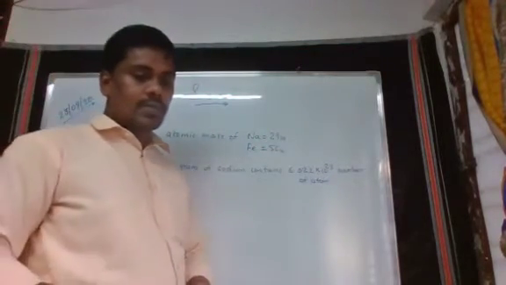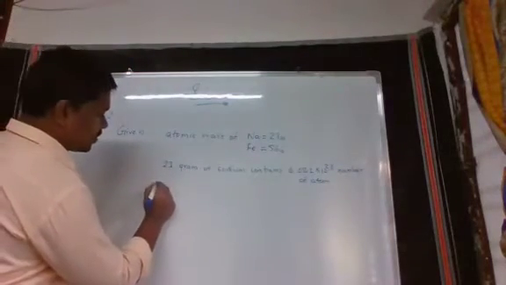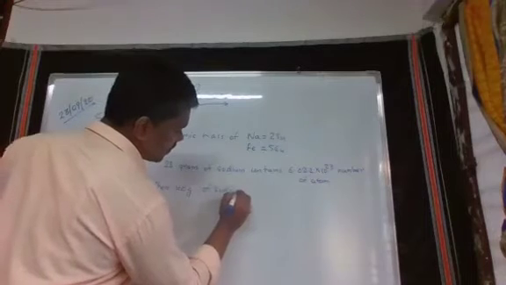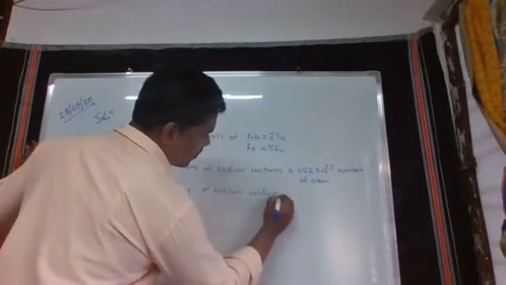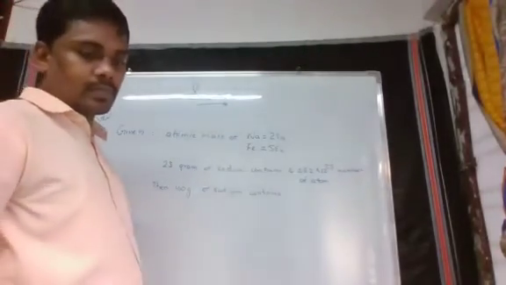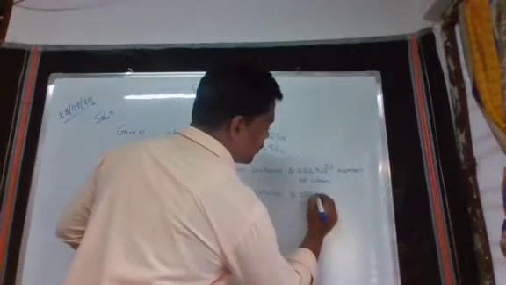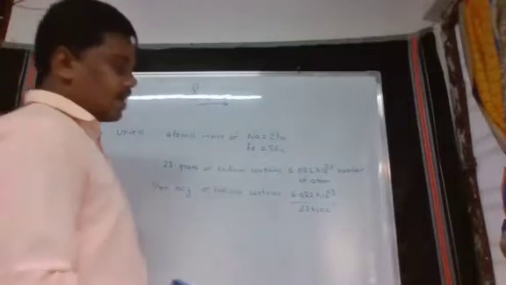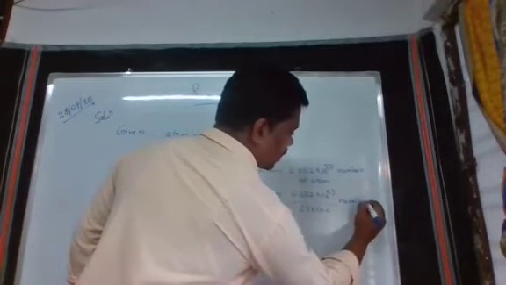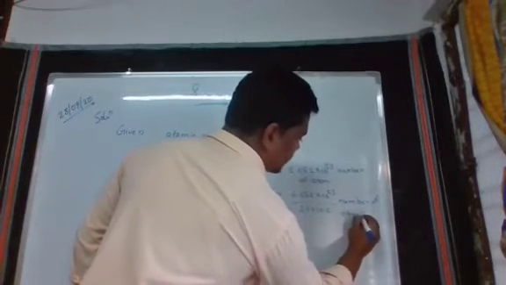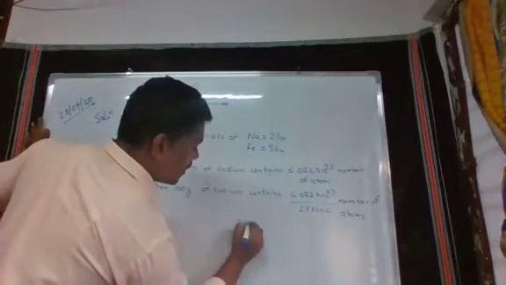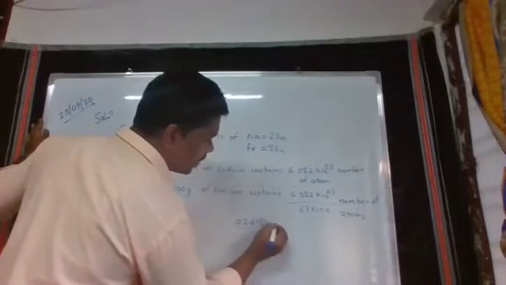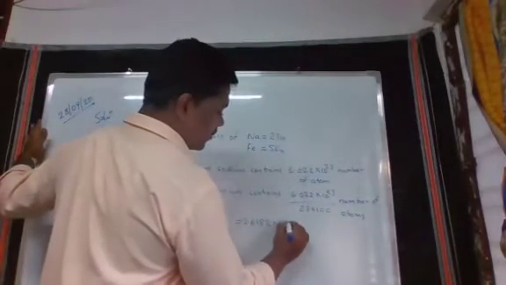Then 100 grams of sodium contains how much? 6.022 into 10 raised to 23 by 23 into 100 atoms, which is equal to 2.6182 into 10 raised to 24 atoms.